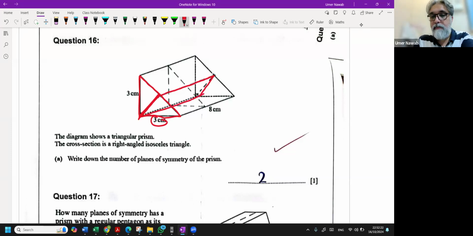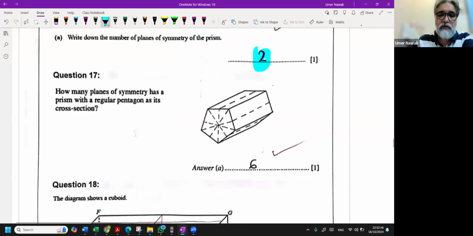So one plane, and then one plane along the length. Any other cross section you can cut from there. So two planes of symmetry you can cut. Number one, the plane of symmetry, this one. And the second one is this. So two planes of symmetry.